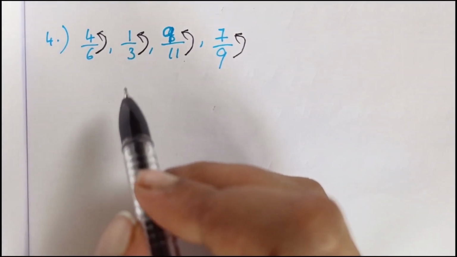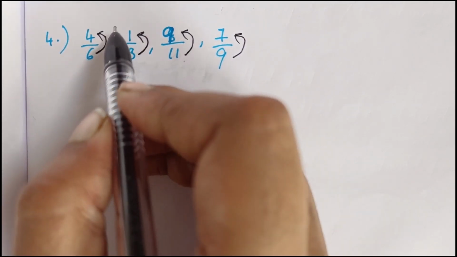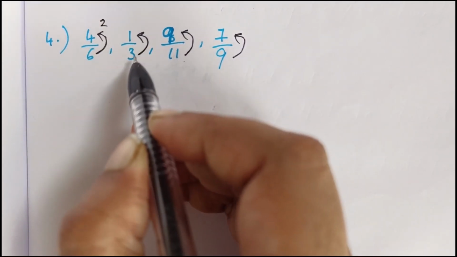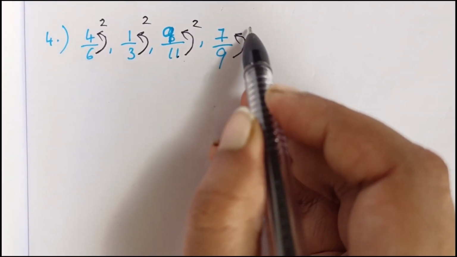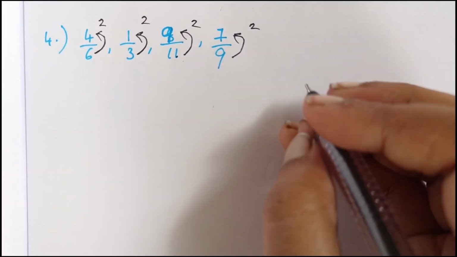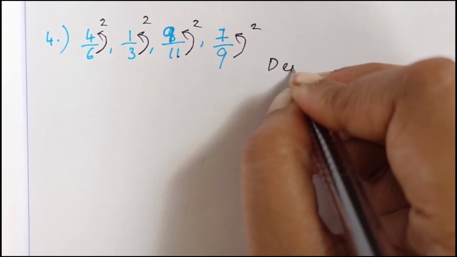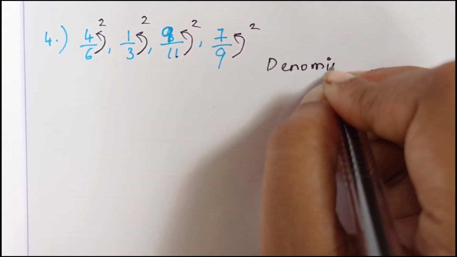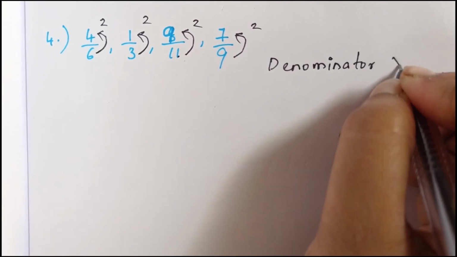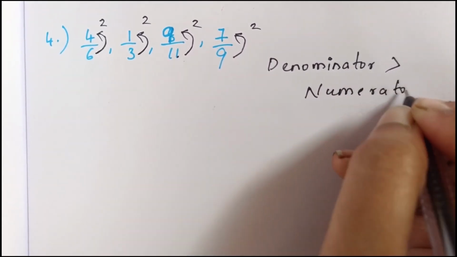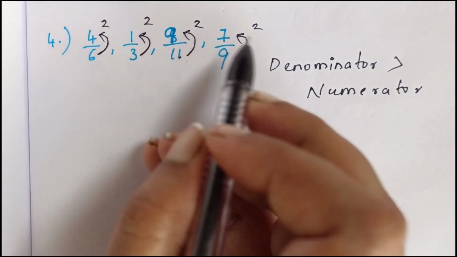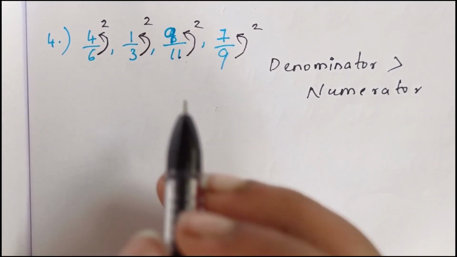And also the difference between them is a fixed number: 6 minus 4 is 2, 3 minus 1 is 2, 11 minus 9 is 2, 9 minus 7 is 2. So here denominator is greater than numerator, and also the difference between them is a fixed number.